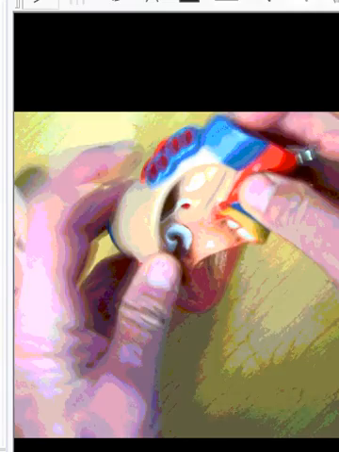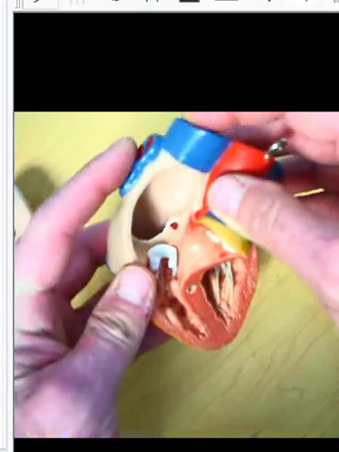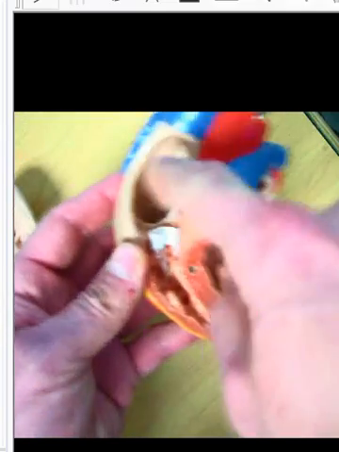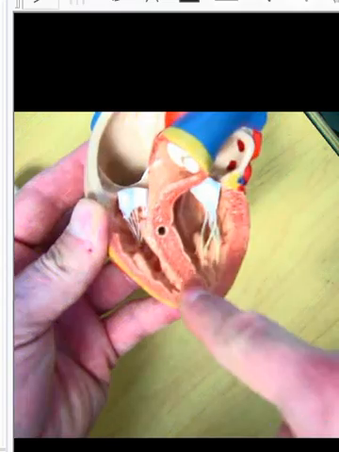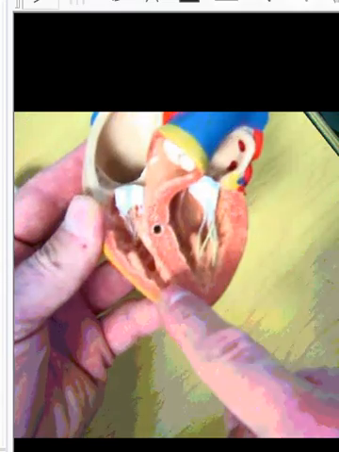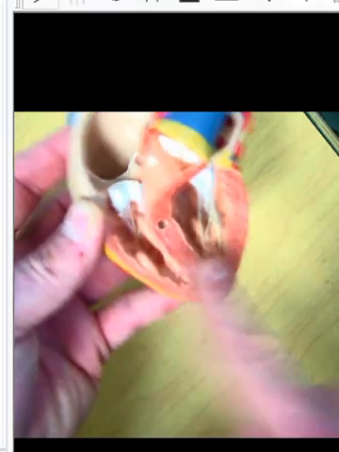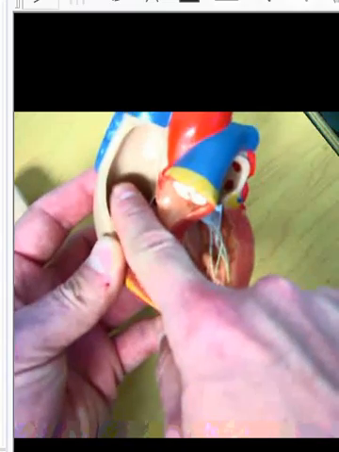And these blue vessels going in would be the superior vena cava and inferior vena cava. They lead into the right atrium. The right atrium contracts and pushes blood through the atrioventricular valve into the right ventricle. When that contracts, this valve slams shut, preventing blood from going back into the atrium.